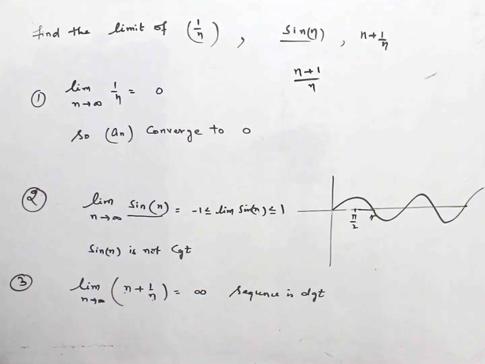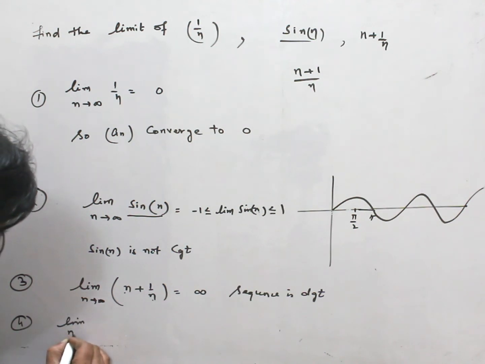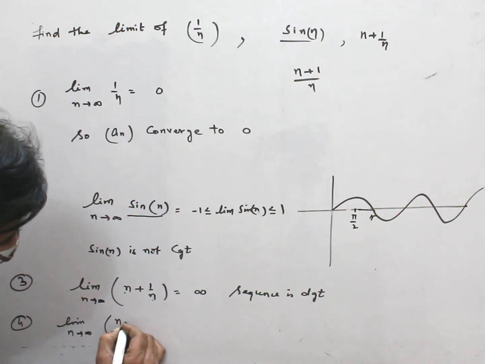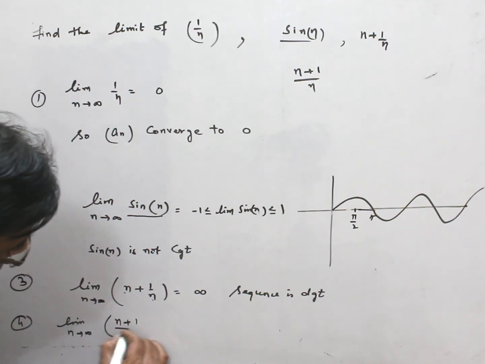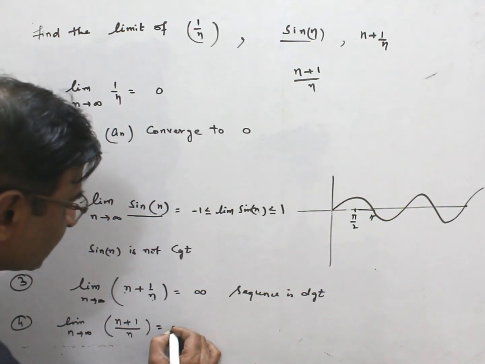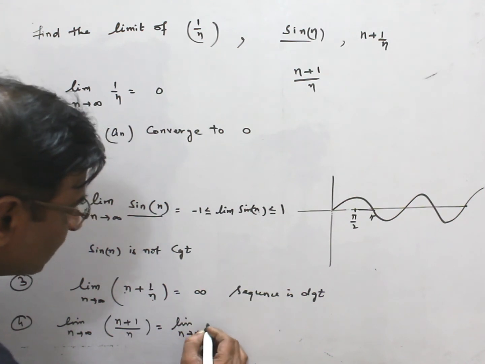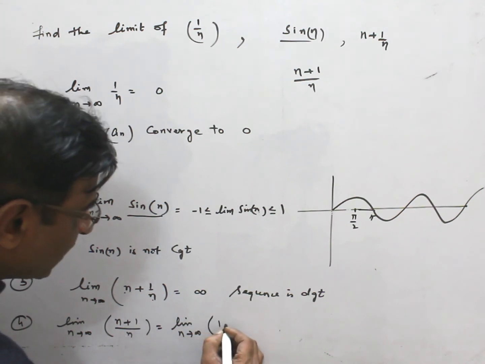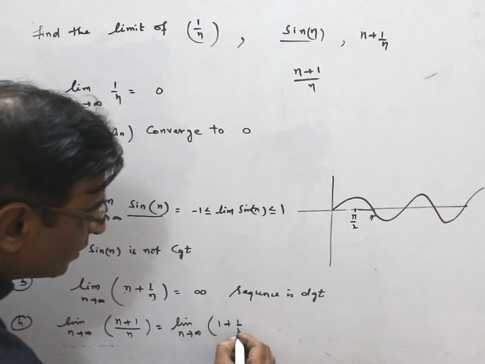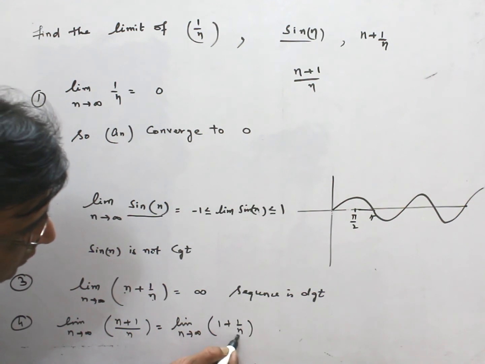If I say another example, n plus 1 by n. What happened with this example? For limit n approaches infinity, n plus 1 by n, I can write this as limit n approaches infinity of 1 plus 1 by n, and this term becomes 0.